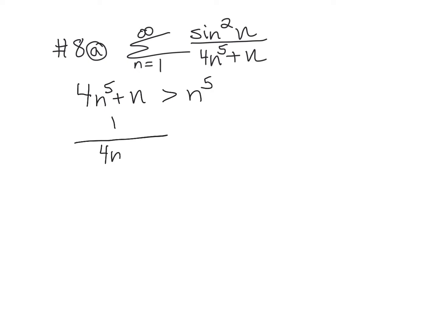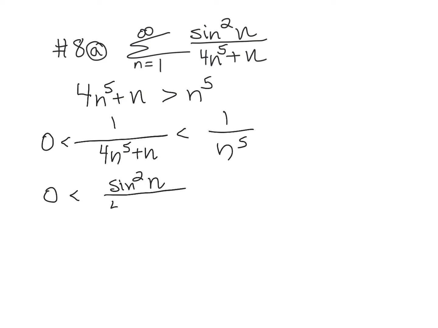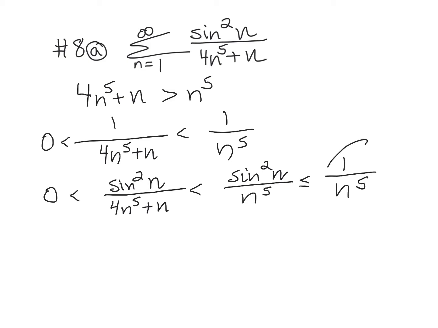And then if we flip it, 1 over 4n to the fifth plus n will be less than 1 over n to the fifth power. Now let's multiply both numerators by sine squared of n, and we have sine squared of n over 4n to the fifth plus n greater than 0, and in turn less than sine squared of n over n to the fifth. Now using the inequality that sine squared of n is less than or equal to 1, we can write that as less than or equal to 1 over n to the fifth.